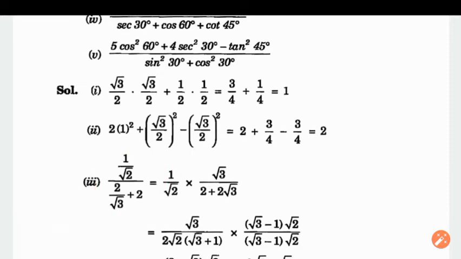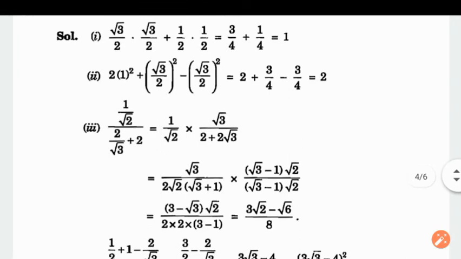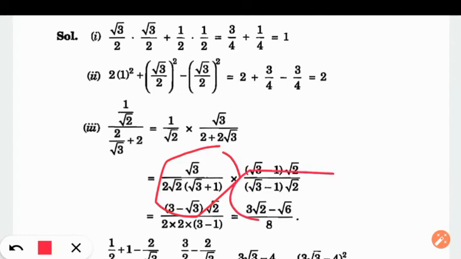Okay, after simplification, we get this, right? See the solution properly. And in this step, what we are doing is rationalizing the denominator.